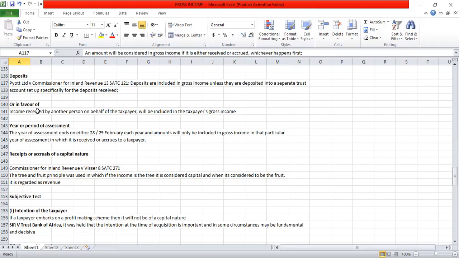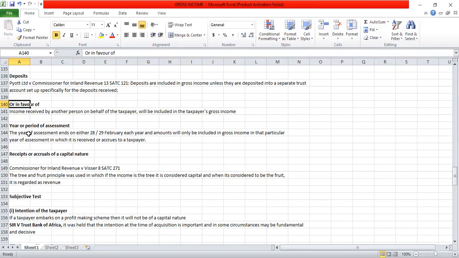All right, thank you. Or in favor of. Right, we said received by, accrued to, or in favor of. So that's the one where we are saying that if someone receives money on your behalf or receives an asset on your behalf, you have already received. That means you are supposed to declare that income as part of your gross income.